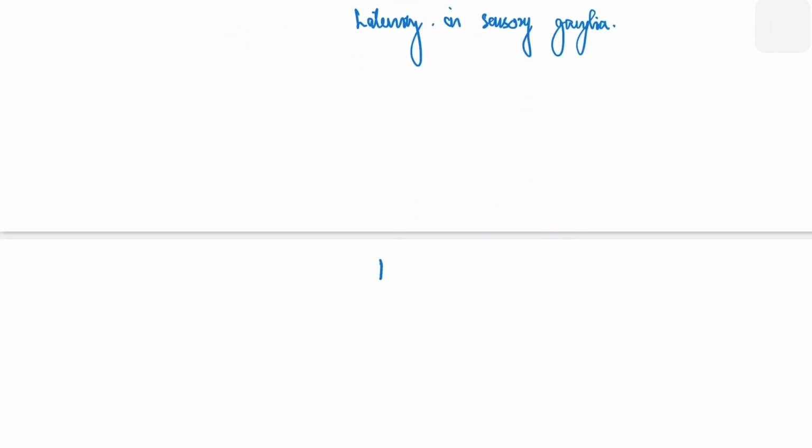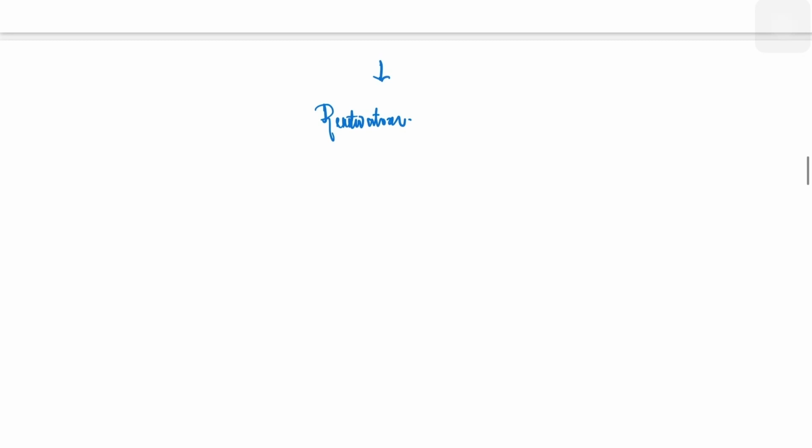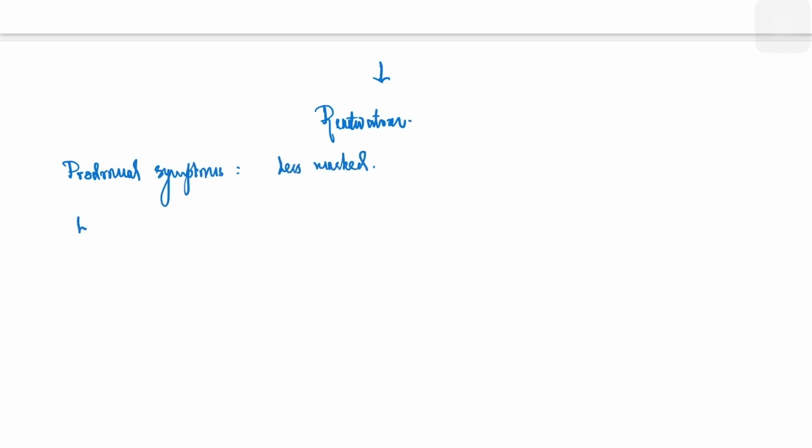At times of stress, reactivation occurs. In this, the patients might get prodromal symptoms, but they are less marked. Followed by that, there would be a skin eruption of grouped vesicles on an erythematous base. But compared to the primary infection, there will be fewer vesicles, and they're more grouped.